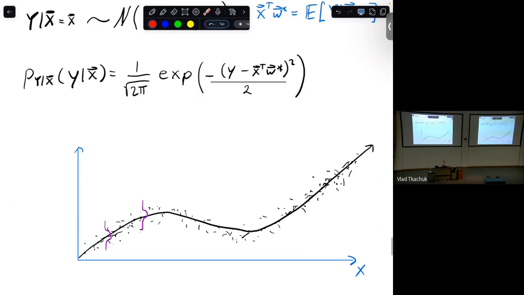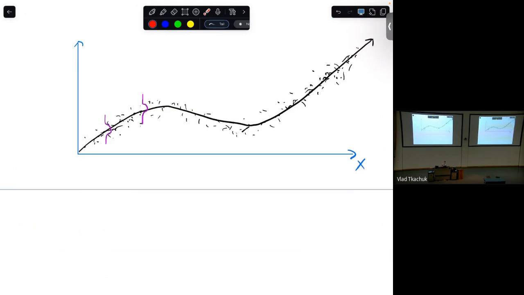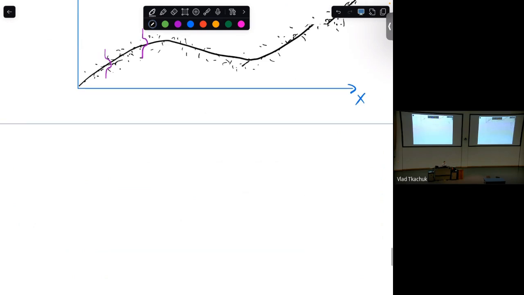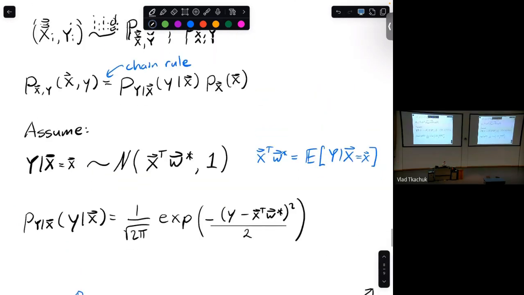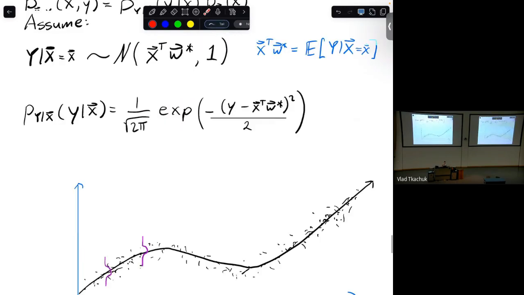So that's a long discussion on the assumptions we're making here for this setting. But once we've done all that, we're just back to the usual procedure, which is calculating the maximum likelihood estimate of this parameter. We want to get an estimate of this w star somehow.